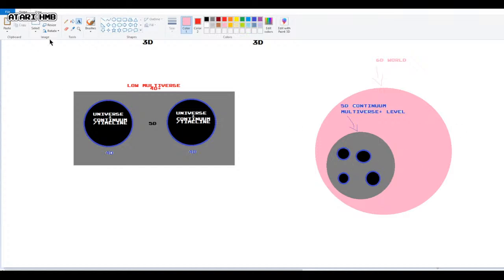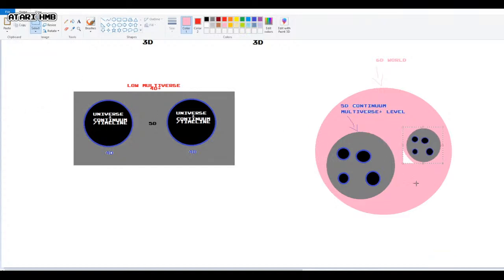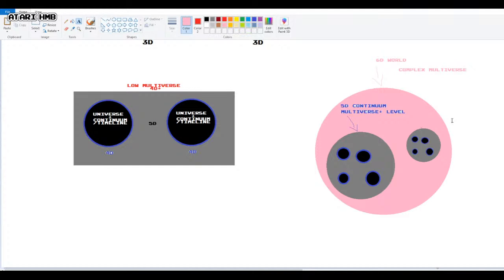If there are more than two 5D structures within this realm, and I destroy the entire 6D world, I may have only destroyed two 5D worlds, but if I can destroy the container between them, that becomes complex multiverse level.